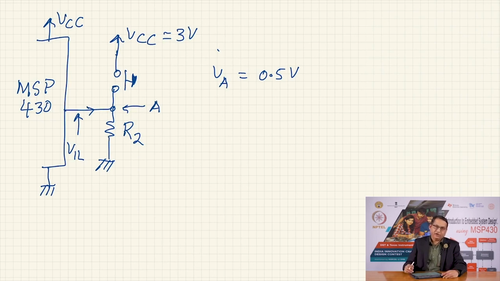The value of this current is 50 nanoamperes as estimated from the data sheet. Let me write this again, VA is equal to the current I into R2.